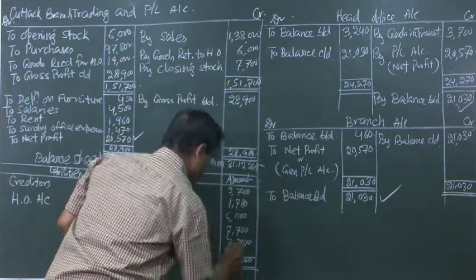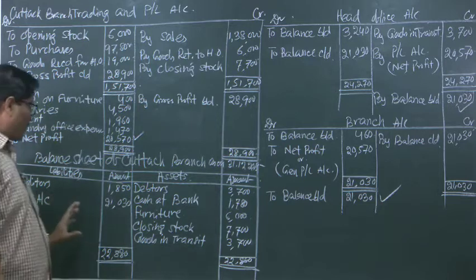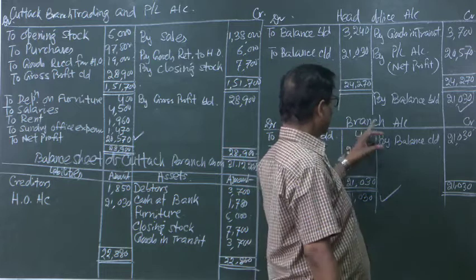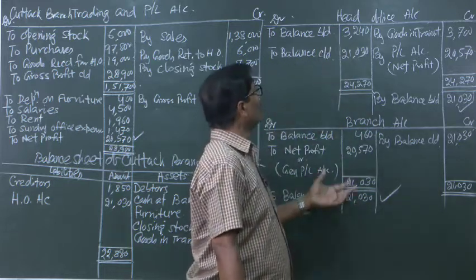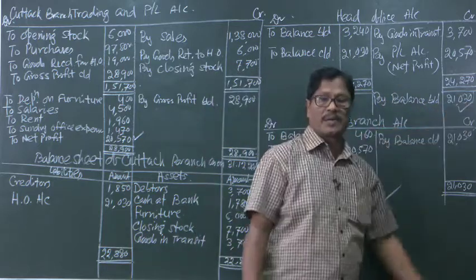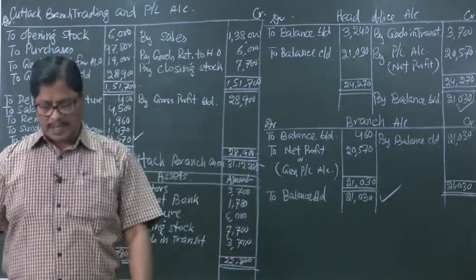So, both the sides' totals are the same. So, this is the problem. You should be satisfied that your balance sheet is coming exactly the same on both the sides. This branch account in the books of the head office is showing a debit balance of 21,030, while the head office account in the books of the branch is also showing 21,030, but on the credit side. So, that is the proof that our problem is correct.